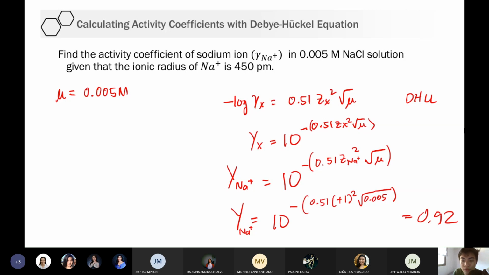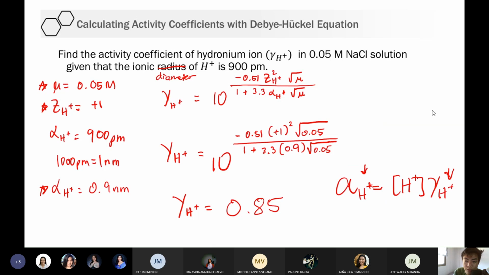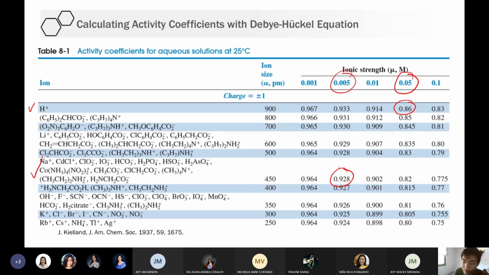So that means there is no more need to use the Debye-Hückel equation and the Debye-Hückel limiting law as long as the ionic strengths are within this range, within 0.001 and 0.1 molar. As long as the ionic strength is within this range, then you can use this table.